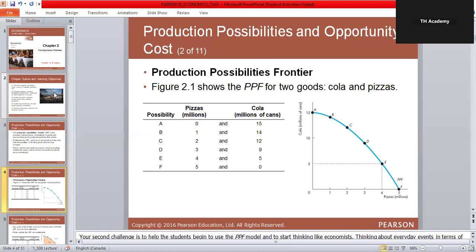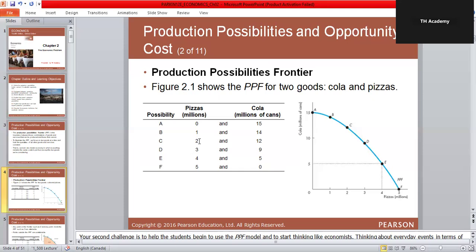Point A is like focusing only on cola: zero pizza and 15 cola. Look at this point on the graph, which shows zero pizza and 15 cola. And point B indicates one pizza and 14 cola.